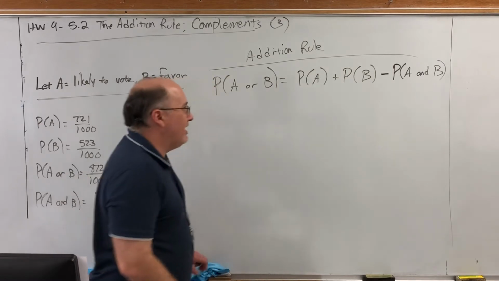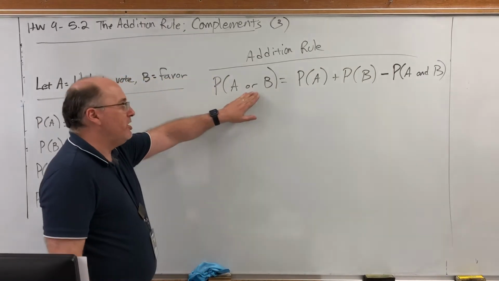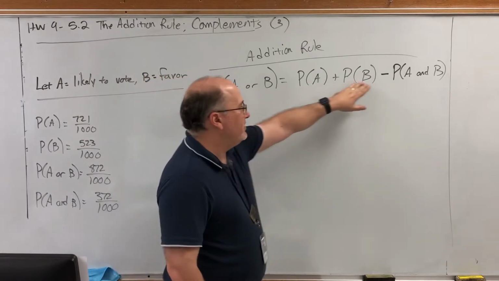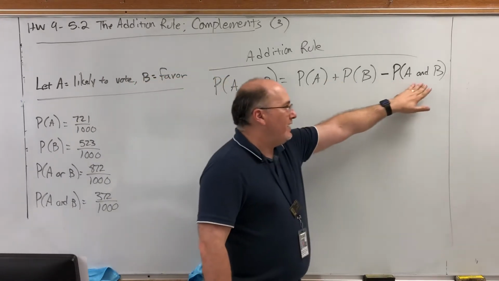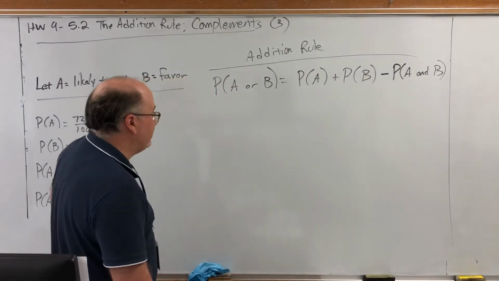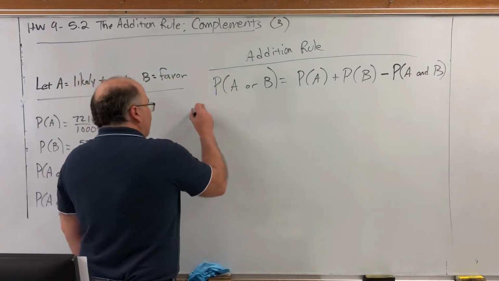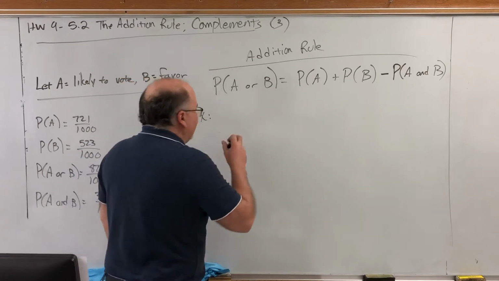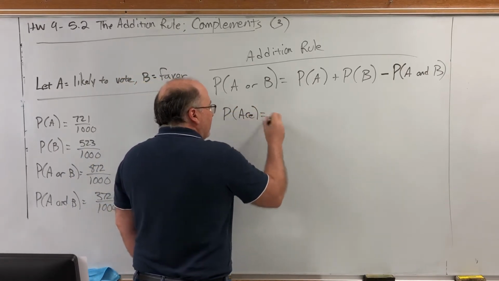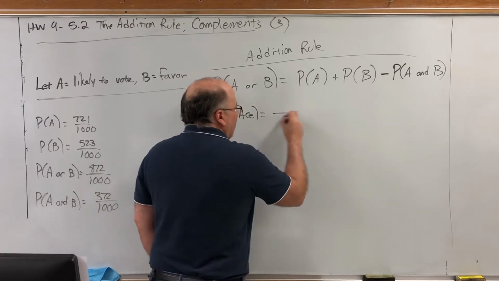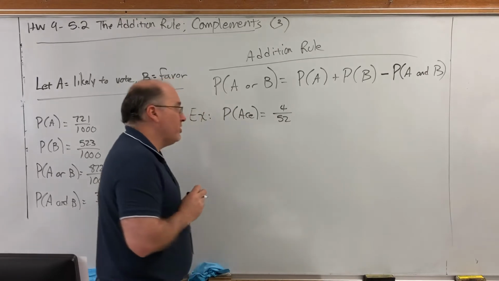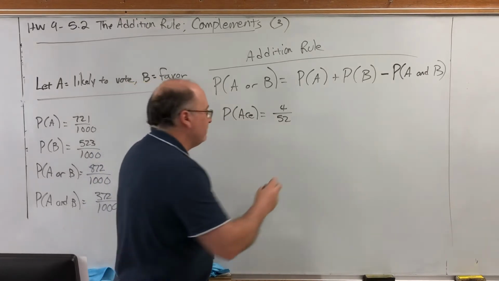And it's a rule that allows you to calculate the probability of an OR compound event if you know the probabilities of the individual events and the probability of them happening simultaneously. For example, let's say that the probability that you draw an ace is, we'll keep it out of 52, 4 out of 52, because 4 cards out of 52 are aces.